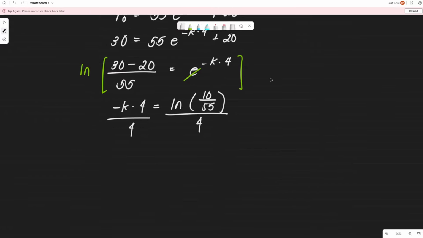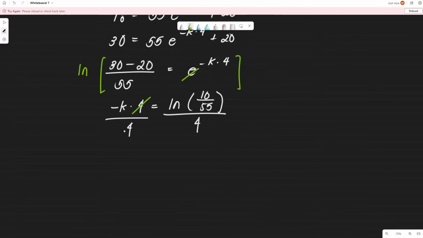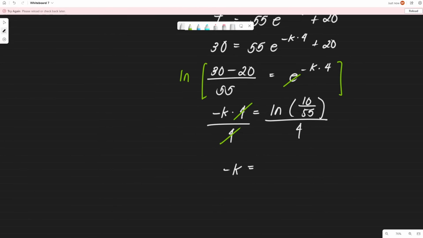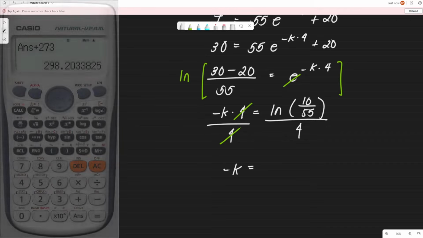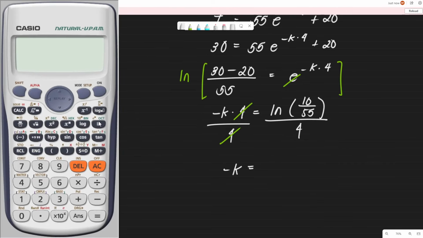When the problem is like this, we have negative k equal to the natural logarithm of 10 over 55 divided by 4. I'll use a calculator now, since my mental powers can't do this. That gives negative 0.426.